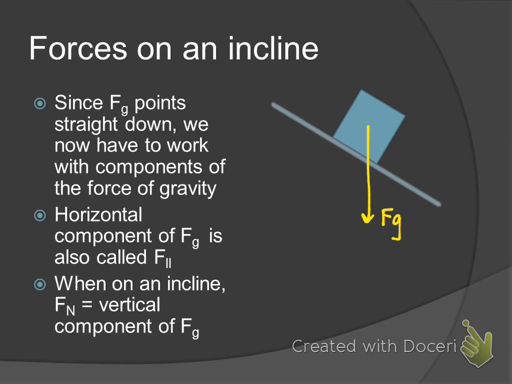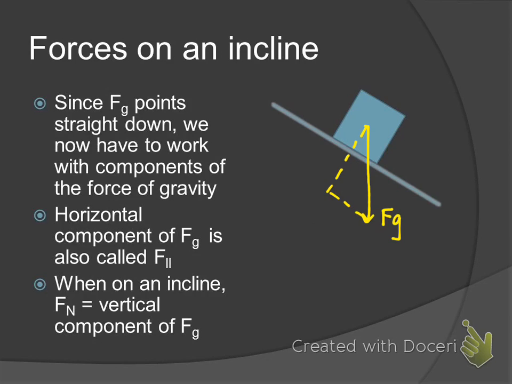We've got to deal with the components now of that force. So what we're going to do is draw these components. You're going to draw one of the components straight down, and then we make a right angle to come to my force due to gravity. It's important that you understand the hypotenuse of this triangle is always F sub g.